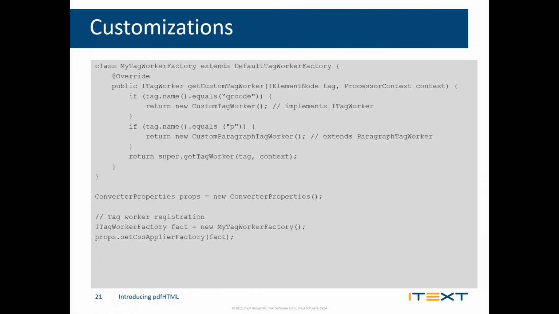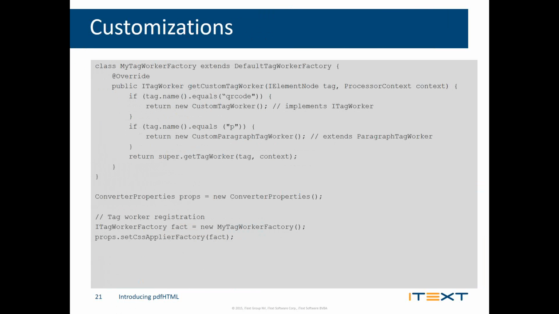If we go back to the previous slide, you can see the custom paragraph tag worker. In the code behind, of course, it extends just the normal paragraph tag worker. For all other tags, you can choose whether you return super.getTagWorker, so that just executes the normal content, or you can just return null, and then the same thing will happen.